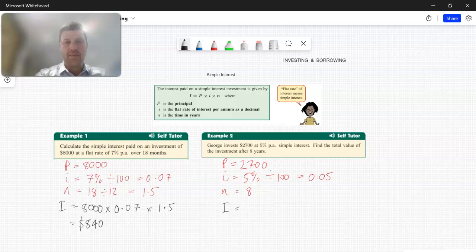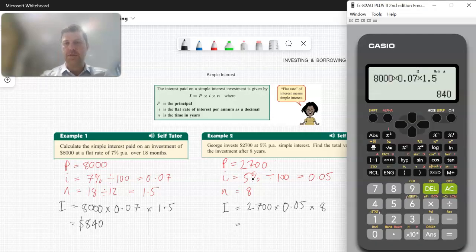So I equals P times lowercase I times N. And again, put that into your calculator. So this time 2,700 times 0.05 times 8 is equal to $1,080.